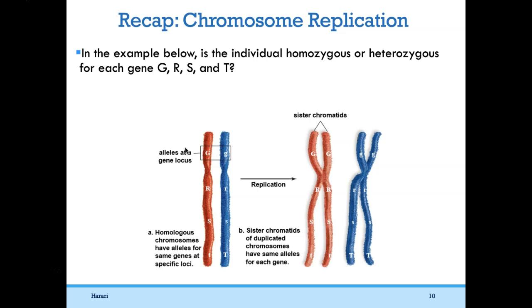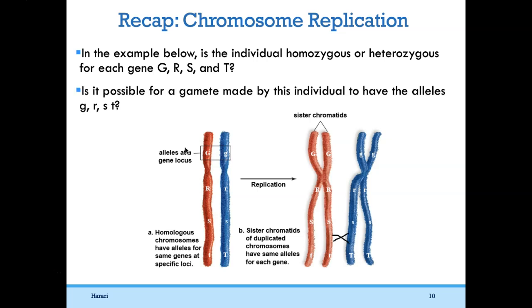Right? For each gene, G, R, S, and T, heterozygous for anything. But my question for you is, is it possible for a gamete made by this individual to have the alleles little g, little r, little s, and little t? The answer is yes, right?